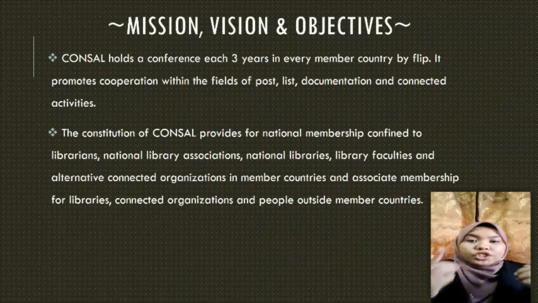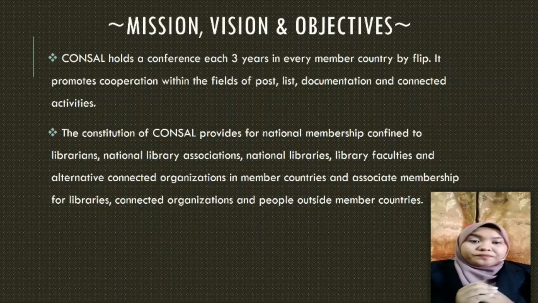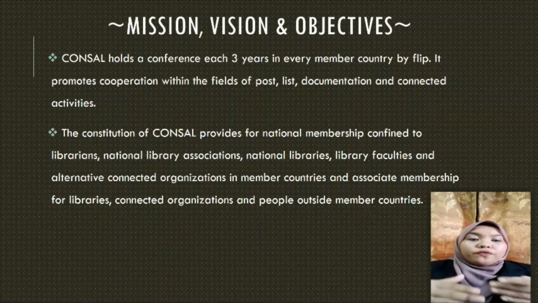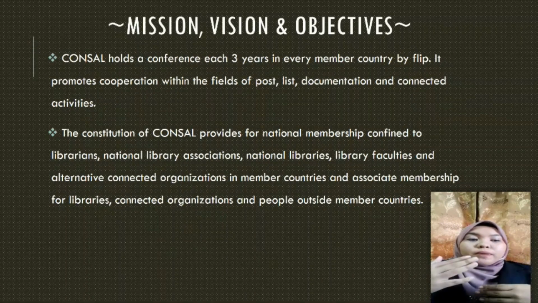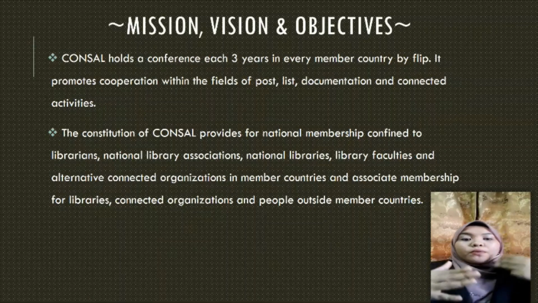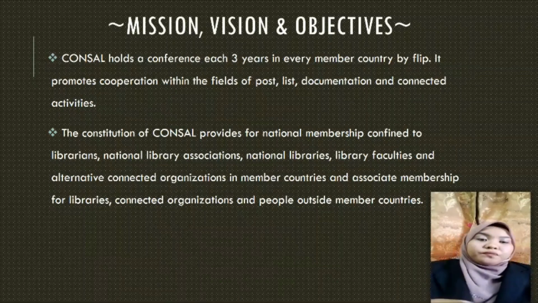Okay, mission, vision, and objective of the council. The council holds a conference every 3 years in every member country by turn. It promotes cooperation in the field of books, lists, documentation, and connected activity.